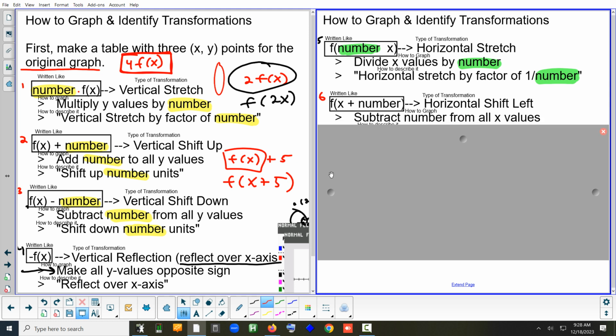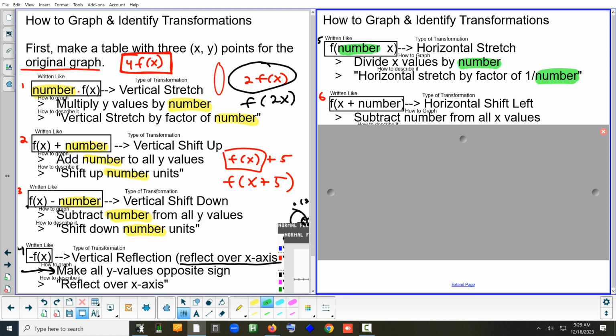Okay, so how do you graph something like that? Well, if something is going to move left, that means it's moving towards the negative numbers. So you need to make all the x values smaller. So under how to graph for box 6, you're going to put: subtract number from all the x values.